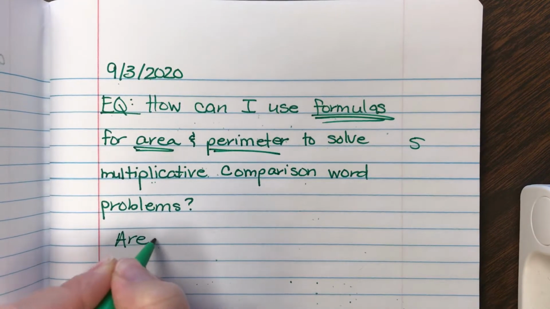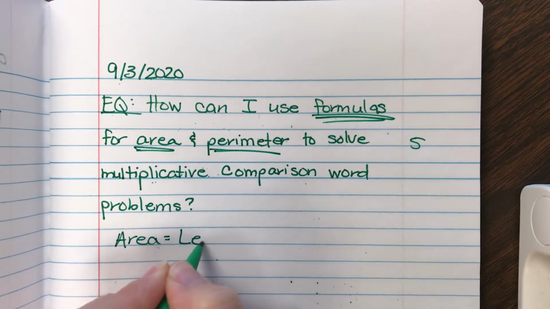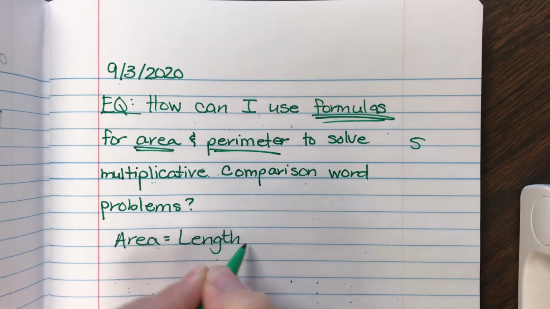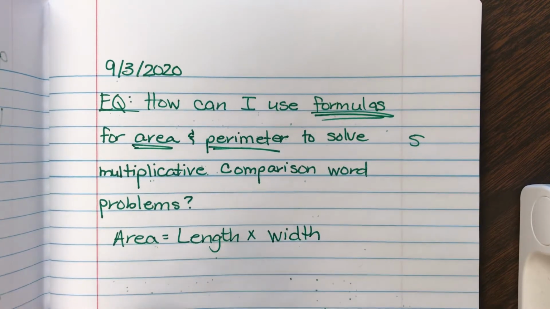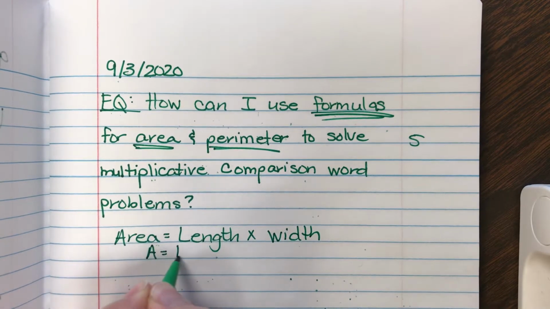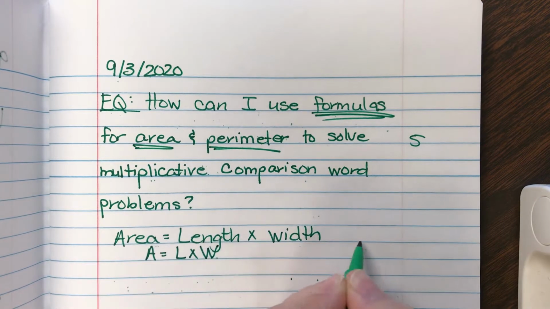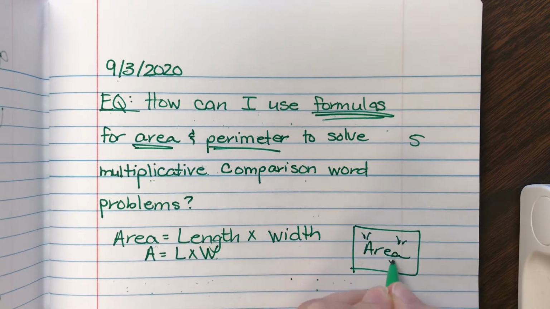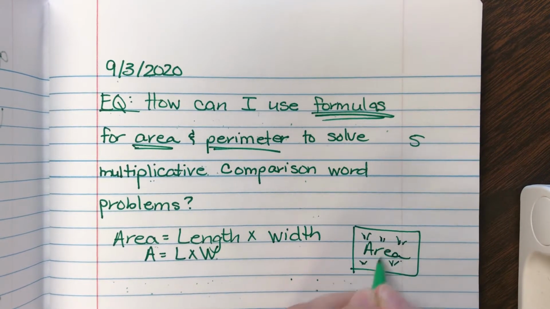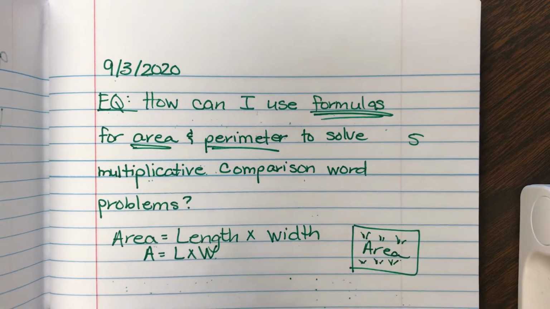Area equals length times width, and we sometimes shorten that to A equals L times W. Remember, area is what is inside. We always say area is where the grass grows, perimeter is where the fence goes.